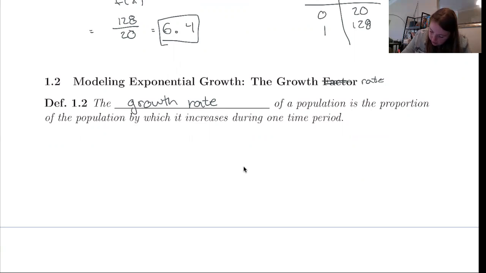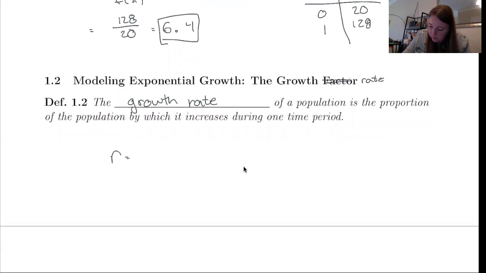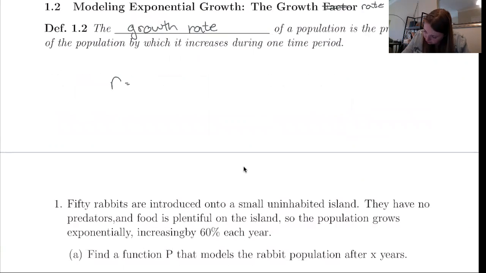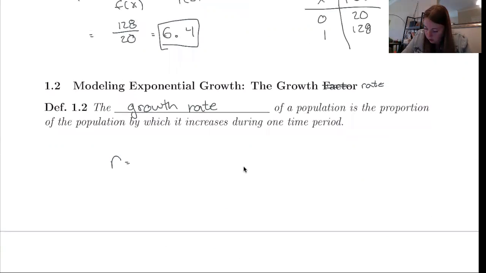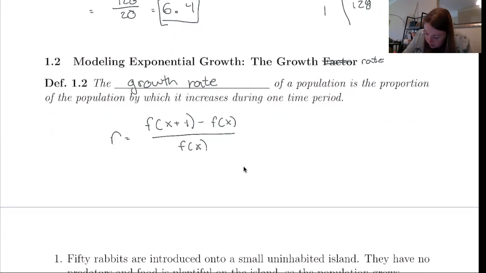Okay, so growth rate. So we like to call all of our rates R, and the equation for it, or do I derive this ever? Yeah, I don't. Okay. So the equation for this is f of x plus 1 minus f of x divided by f of x. Right? So it's the proportion of the population in which it increases during one time period. So I like to remember this by saying new minus old over old.